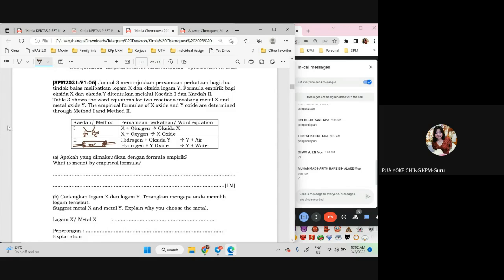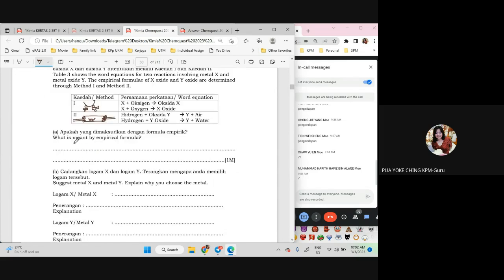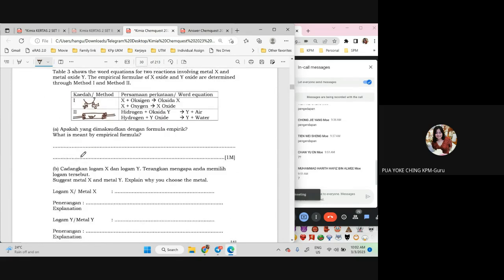Okay. Saya nak bincang soalan ini. Okay. Saya nak B saja. What is your X and Y? Sebab tadi saya ada sebut sikit, but I think my answer is not the correct answer.